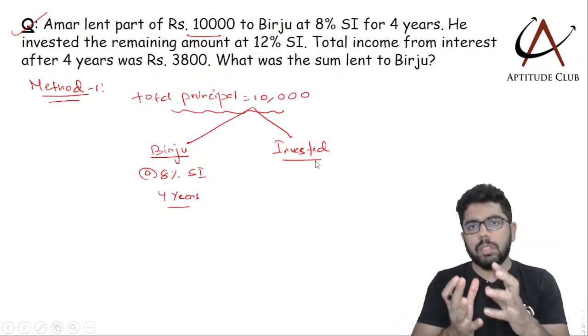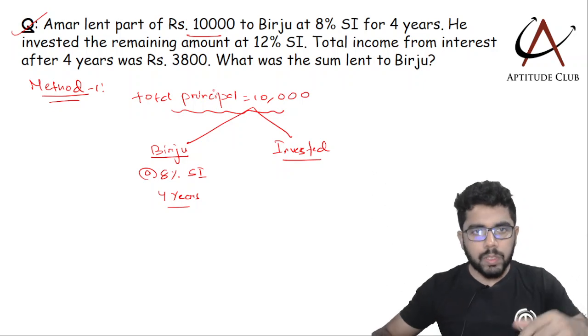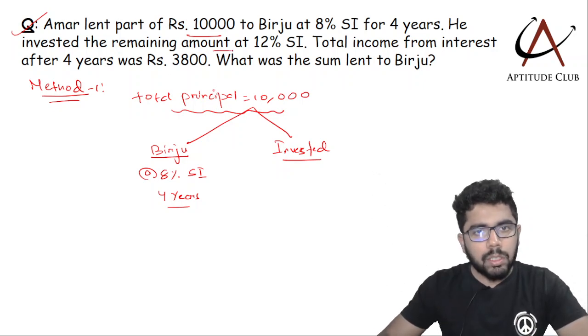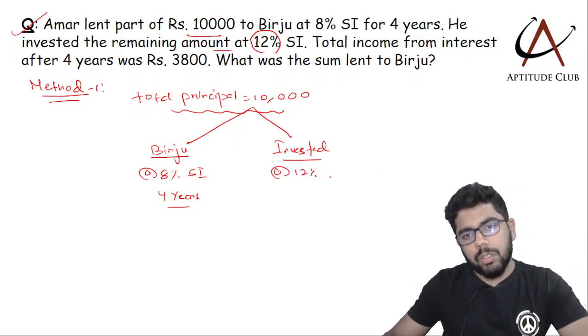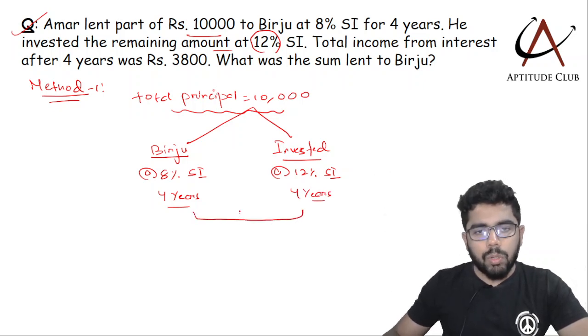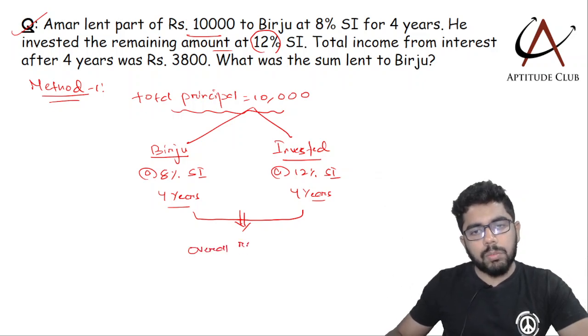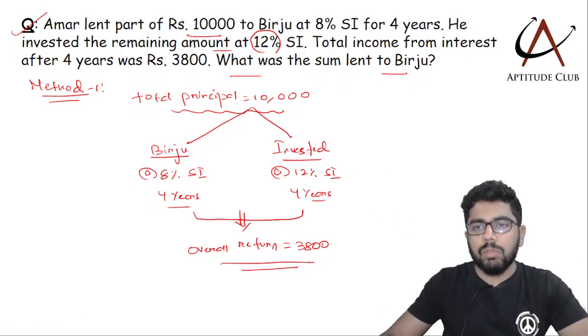Okay, 10,000, some part of it was lent to Birju. The remaining part was invested, and the invested return was 12% SI. And the time period here is also 4 years. So total after 4 years, Amar is getting an overall return of how much? 3,800.